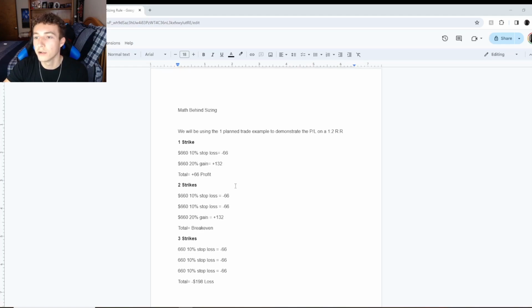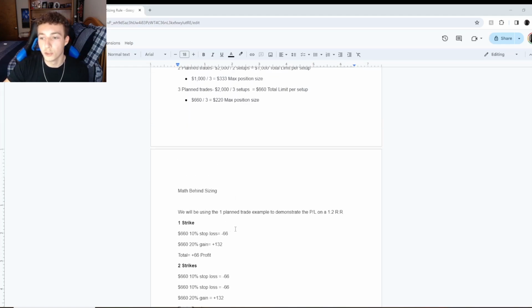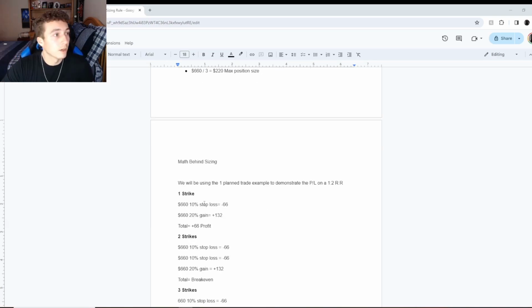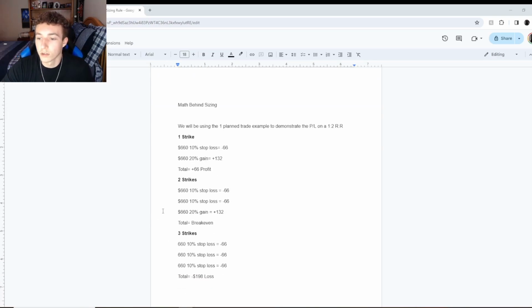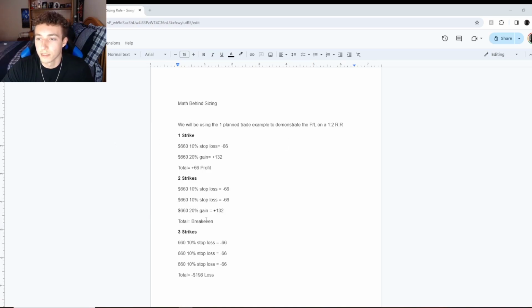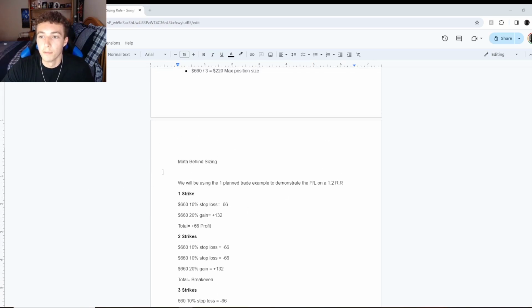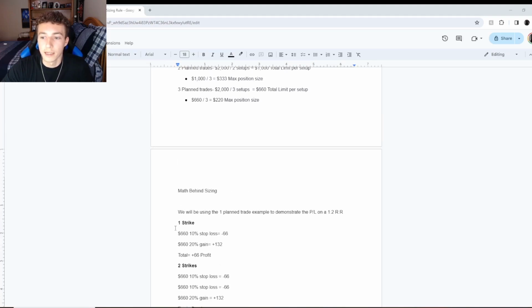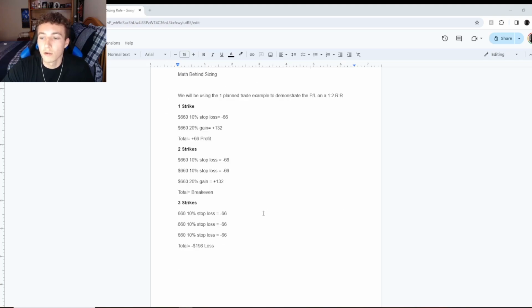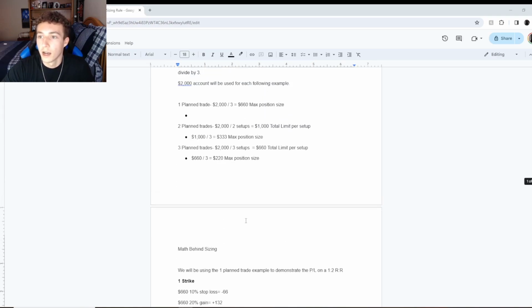I guarantee you, you will see the majority of the days 0 strikes, 1 strike, or 2 strikes. Like I said, this is worst case scenario on all 3 of these examples here, and more likely than not, you're going to be in the 0 to 1 strike range for 75% of the days. But this 3 strike rule will really help you out in the long run if you just follow these examples.